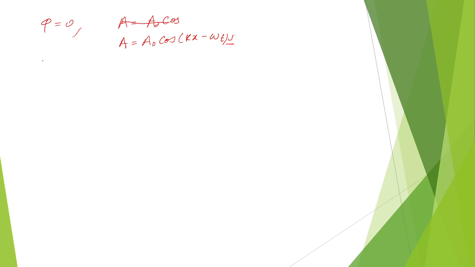So what is E in this case? E is equal to minus grad phi minus 1 over c partial A partial t. This A naught is some constant, not a vector. The vector is in the j direction.